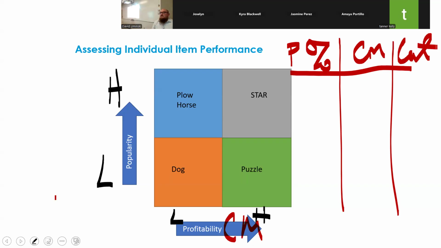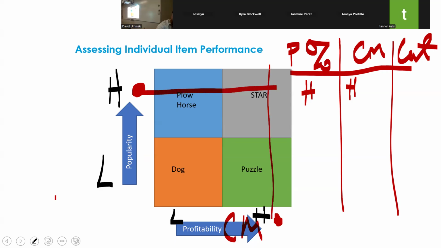these go into. So if we have high popularity, okay, see where my dot is for high popularity? And we have high contribution margin, so high and high. When I draw a straight line, where do they intersect?